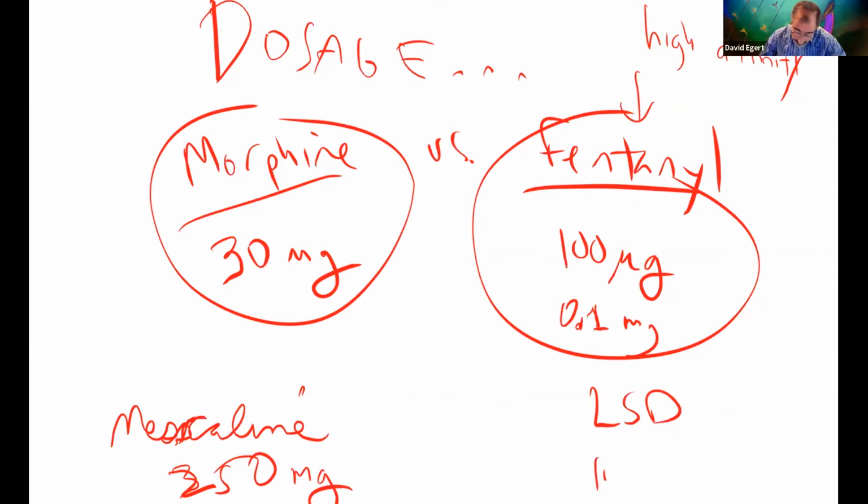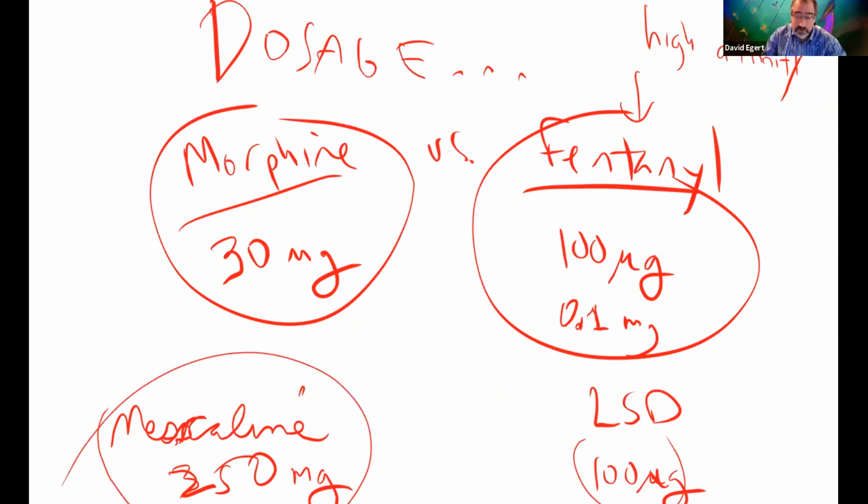You just need about 100 micrograms and you are solidly in that psychedelic space. So this is a difference of 2,500 times more mescaline that you need by weight than LSD to have the same effect. It has a lot to do with affinity. So this idea of affinity can definitely affect dosage.